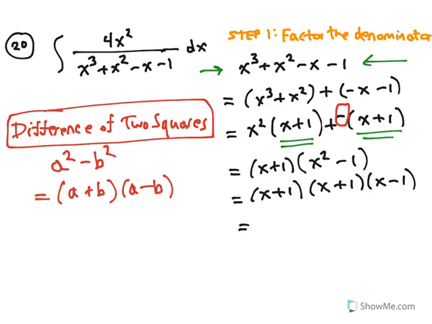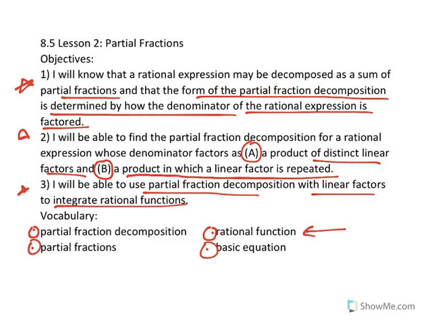So now what you see is that the denominator factors as a product of linear factors, but you have a repeating linear factor. The linear factor that repeats is, of course, x plus 1. You have that twice. So you have x plus 1 times x plus 1, or x plus 1 squared. So the question is, when you have this type of denominator, what form should the partial fraction decomposition have? And of course, this is what we wanted to look at for objective 2.